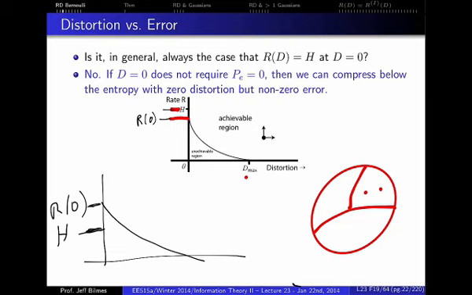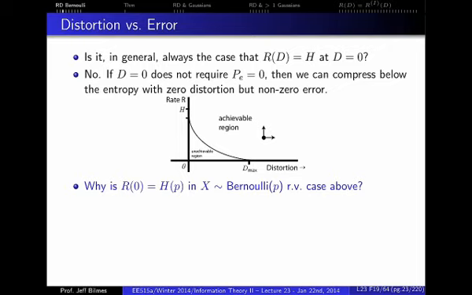So can there be a situation ever where that happens and the probability of error is what? Non-zero? Maybe weird, funky distortion functions, but we're not really going to worry about that. But the point is that this situation is really quite possible. Okay.